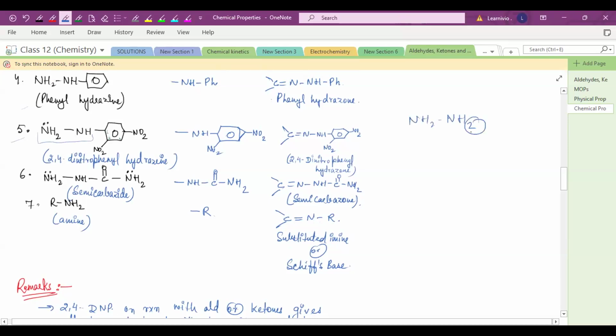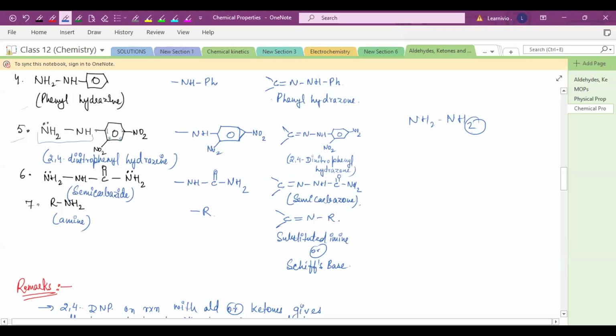When you replace one hydrogen by this group, what is this group? On the first, second, and fourth positions of this benzene ring, the nitro group is attached. So what is the name of this group? 2,4-DNP, dinitrophenyl.